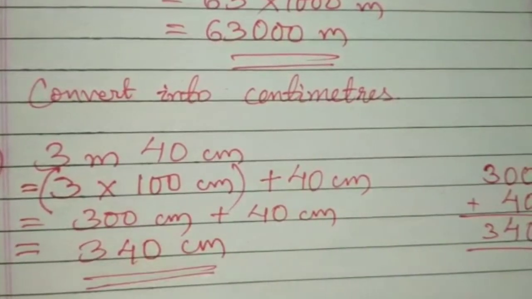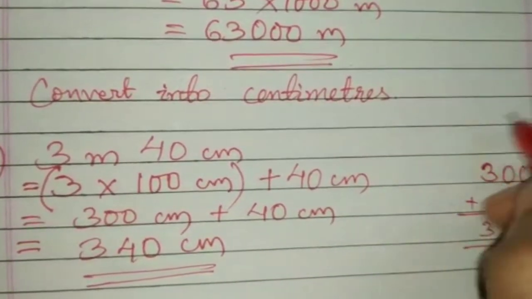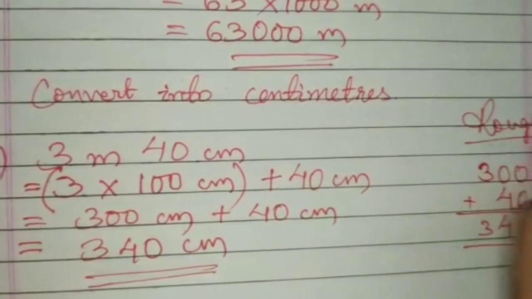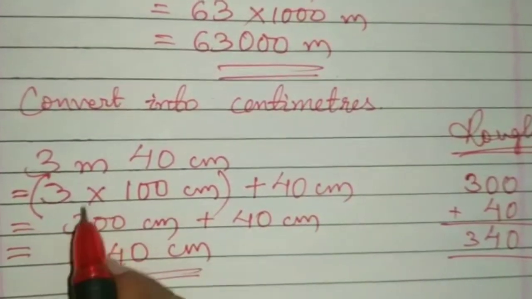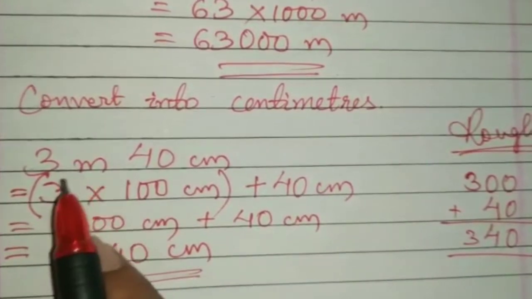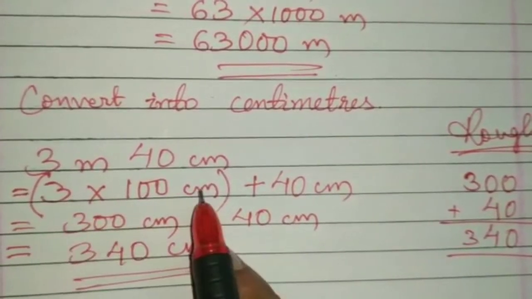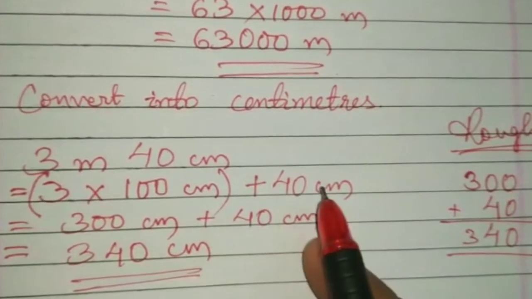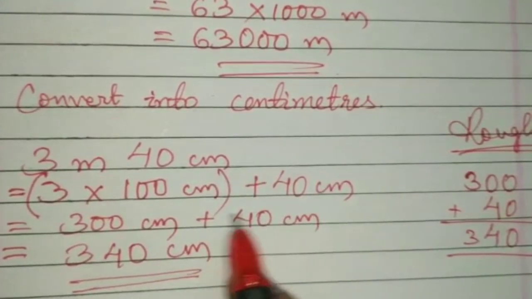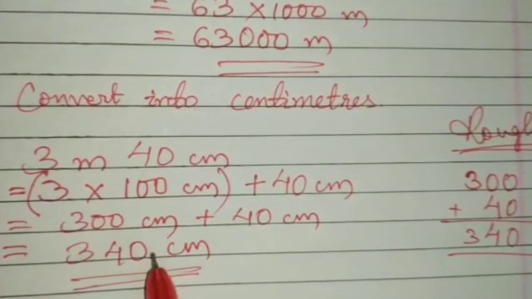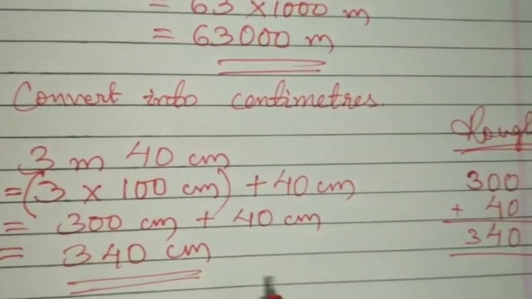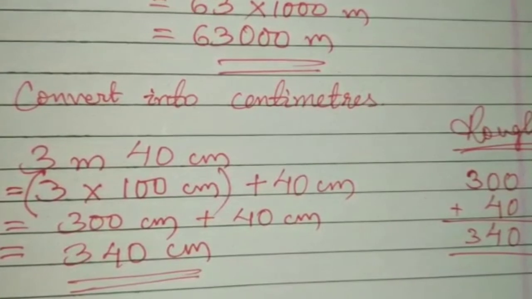Do not write directly, you will do mistake. Always remember to add in the rough and then only you note down. So what we have done, first we have converted the meter into centimeter, then we added with the centimeter. So both are in centimeter, 300 centimeter and 40 centimeter. So we added and found out in centimeter. So this is the way to do.